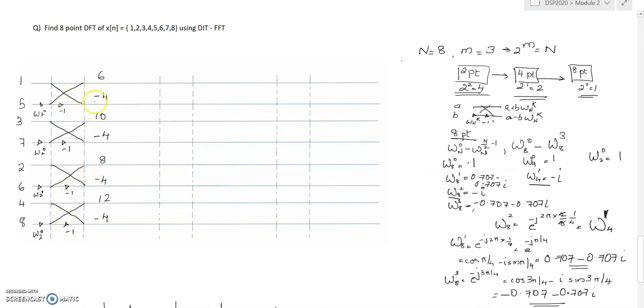So the top arm of this butterfly will be connected to the top arm of the other butterfly, and then the bottom arm will be connected with the bottom arm of the other butterfly. So this becomes W4^0, this becomes -1, here comes -1, and this becomes W4^1.